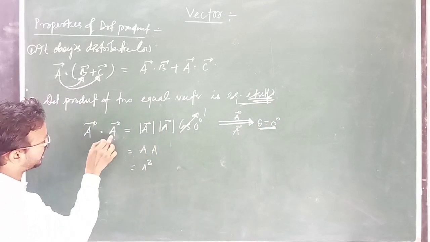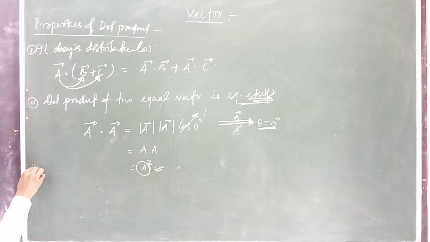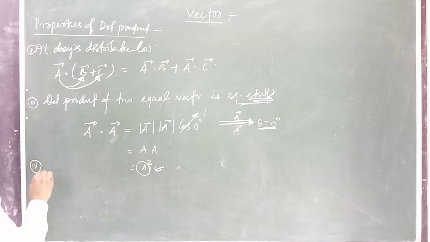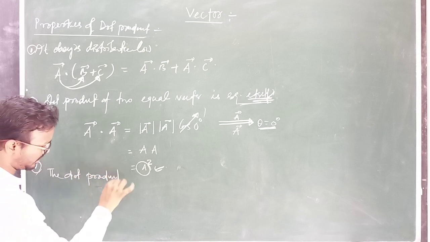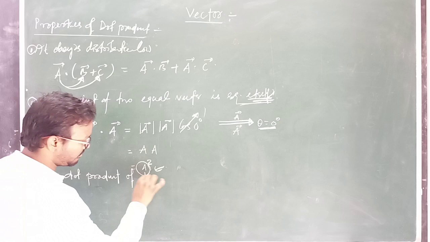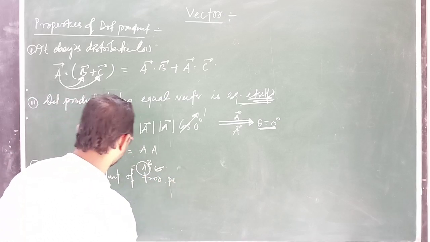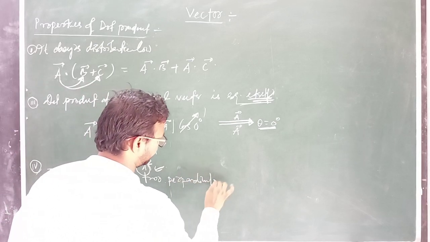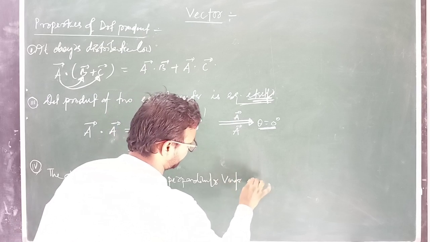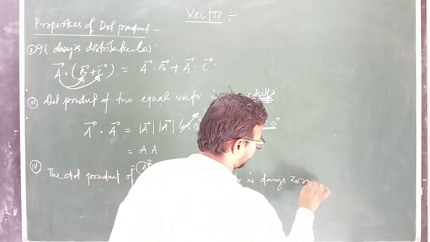Clear? So the dot product of a vector with itself gives its square. This is the third property. And property number 4: the dot product of two perpendicular vectors is always 0.